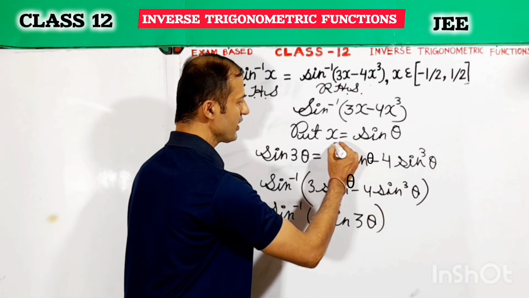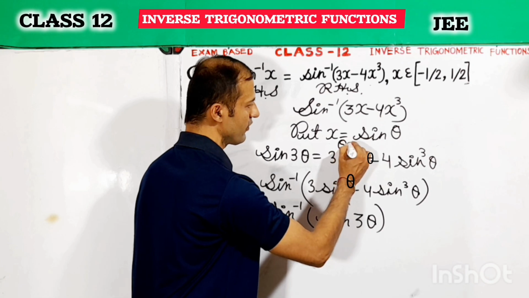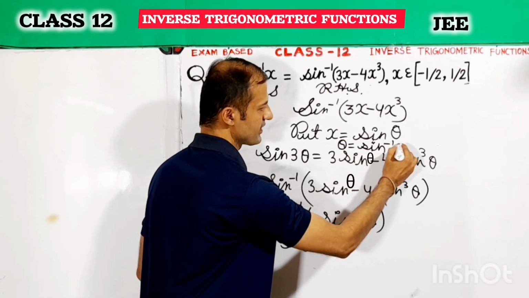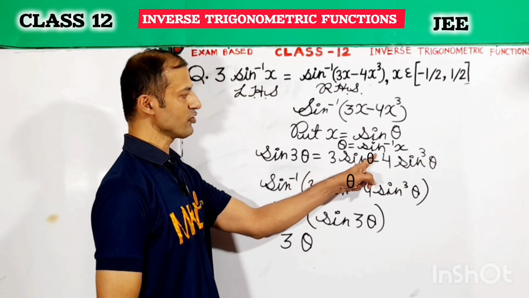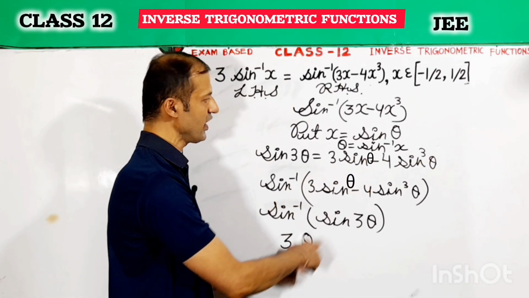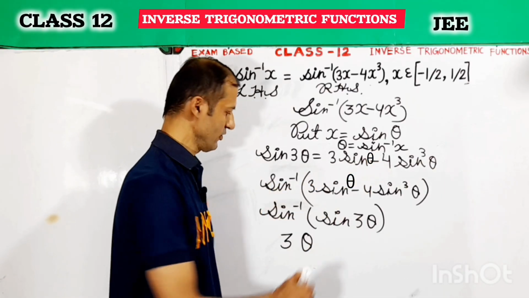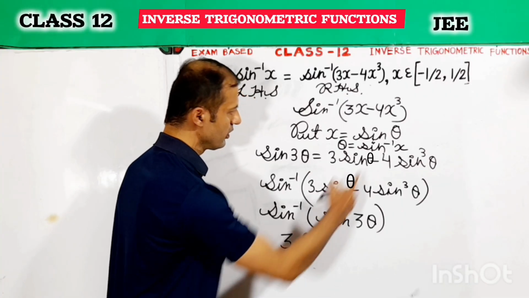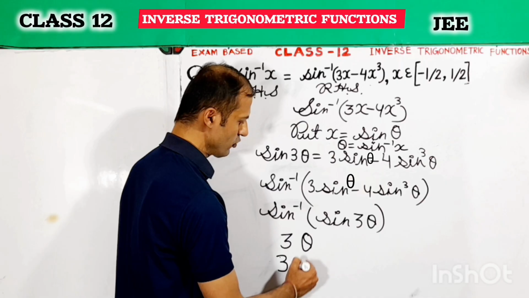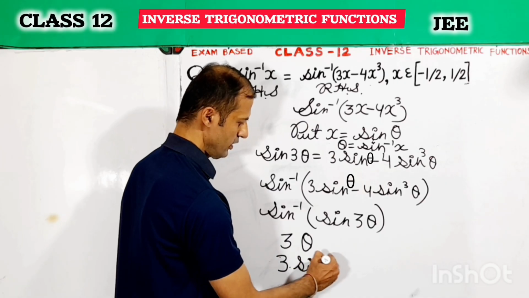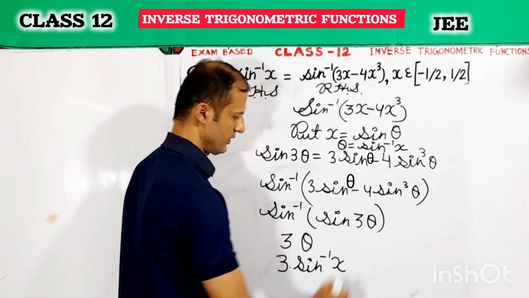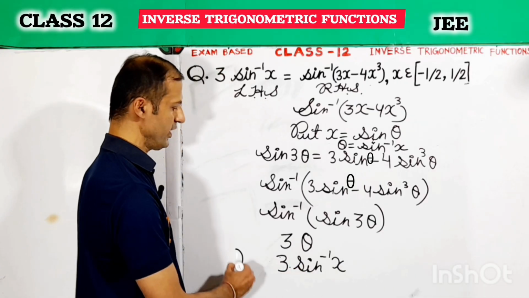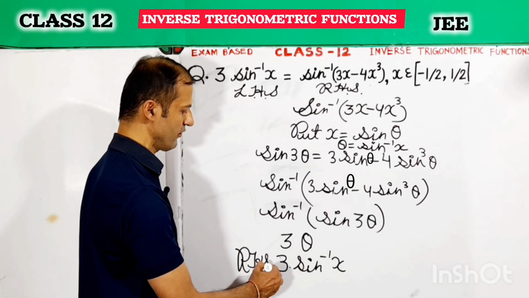So theta is equal to sine inverse x, and in place of theta we'll keep sine inverse x. So here it becomes 3 into sine inverse x. Now this is our logic. This is the right hand side.